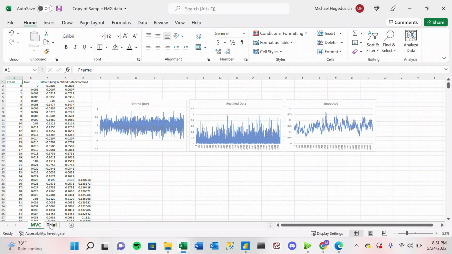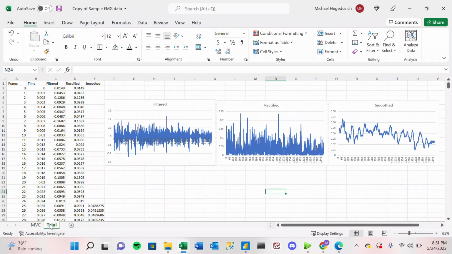And then for the dynamic trial, we did the exact same thing. We have the frame, the time, the filtered data in microvolts, the rectified, and then the smooth data again. By utilizing this process, we were able to get an accurate look at the muscle activity in the muscle, and then take that data and normalize it to view that as a percentage.